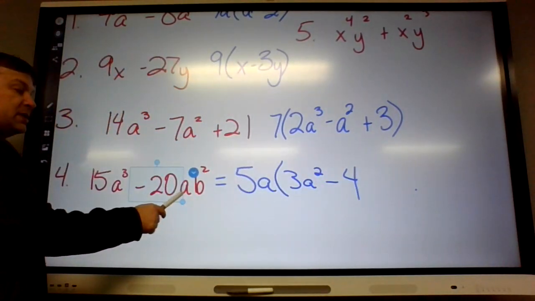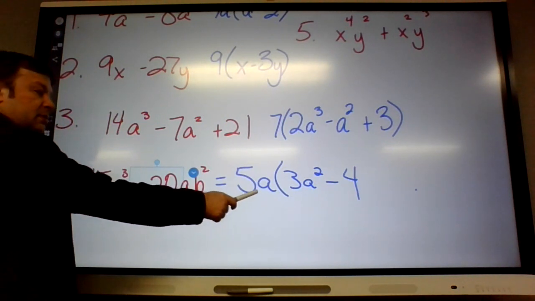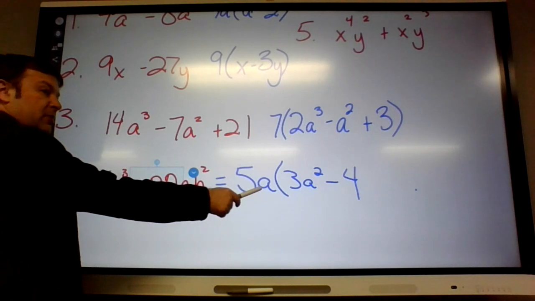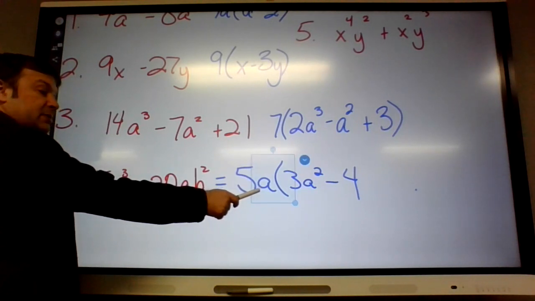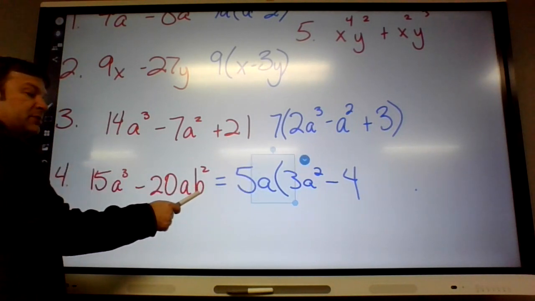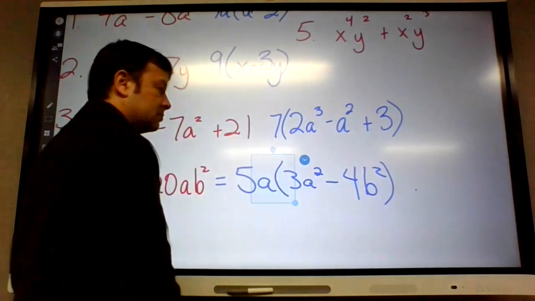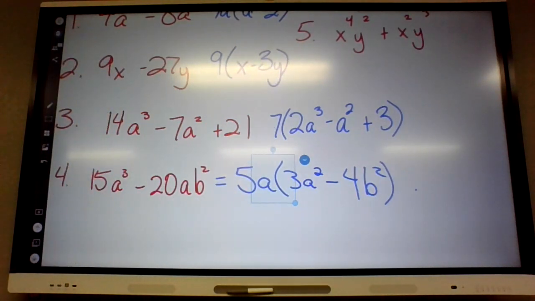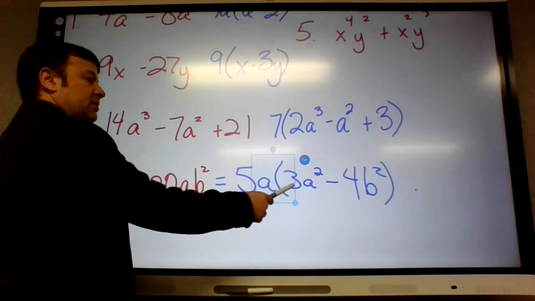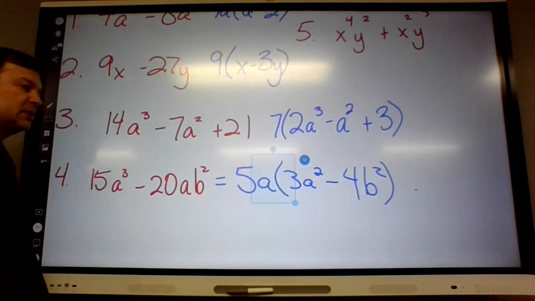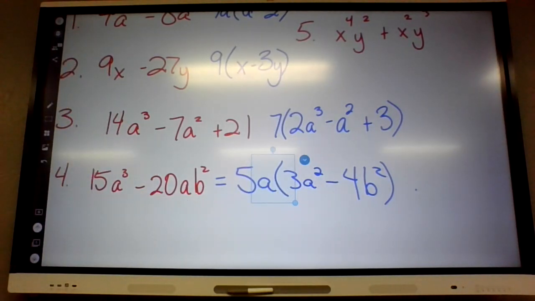What's going to happen to this a? It'll go away because we're taking 1a out. So that will still leave the b squared. That almost is a square minus a square, but not quite because 3 doesn't have a square root. So that's all you can do.